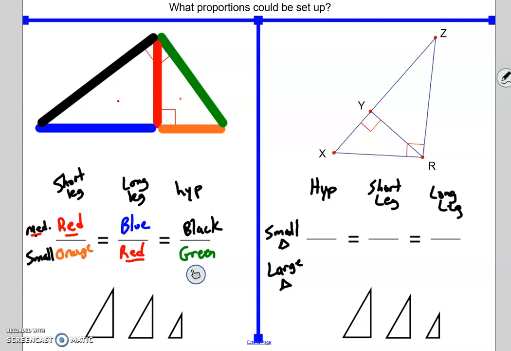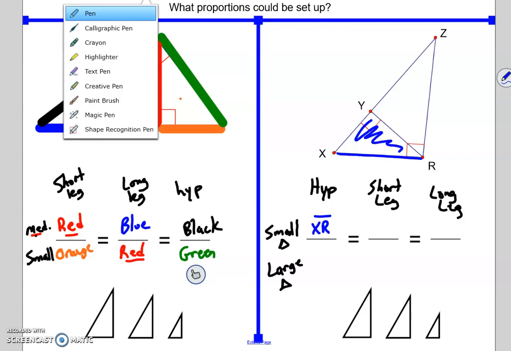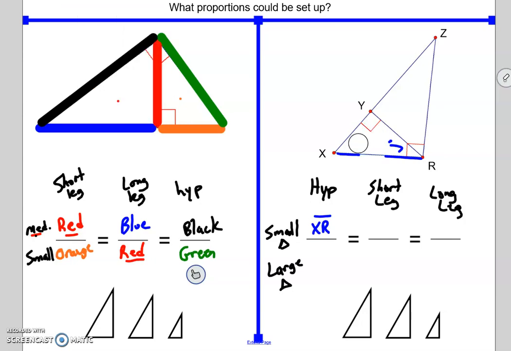Okay, so as I do that, I'm going to find the hypotenuse of the small triangle first. Well, here's the small triangle down here, and I want the hypotenuse of that small triangle, which is going to be XR. Okay, so we're being a little bit more specific than we had been in the past. Right below that, looking at the large triangle, its hypotenuse is going to be XZ. Okay, so that's going to give us our first ratio. Looking at the other ones, the short leg of the small triangle is going to be XY.